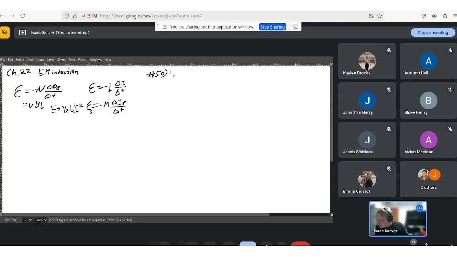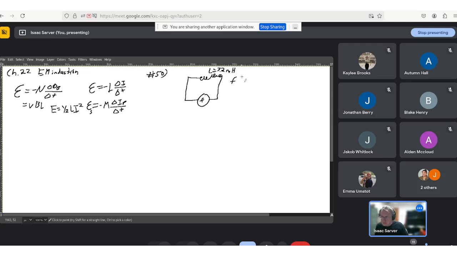We have the current through a 3.2 millihenry inductor. Okay, so we're going to provide some current here as a function of time, and I have an inductor that is 3.2 millihenries.